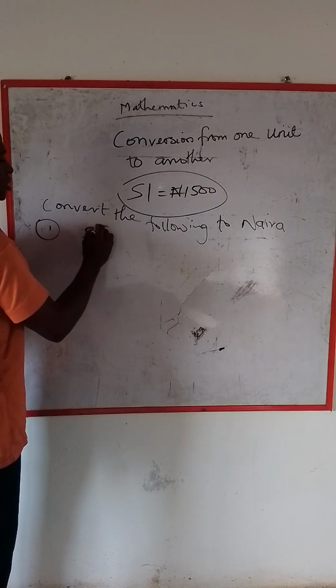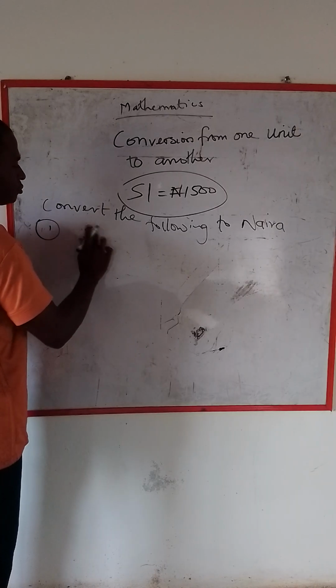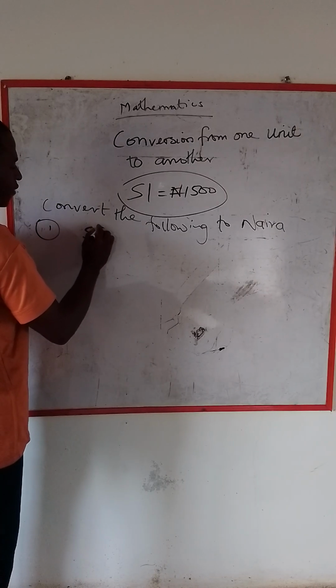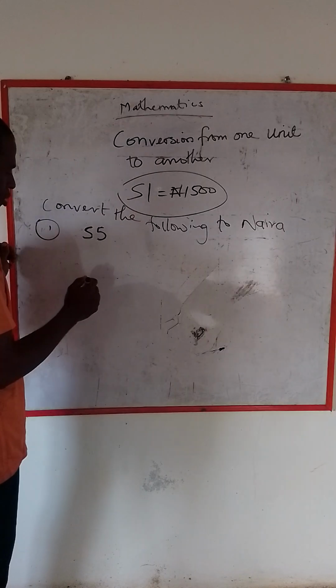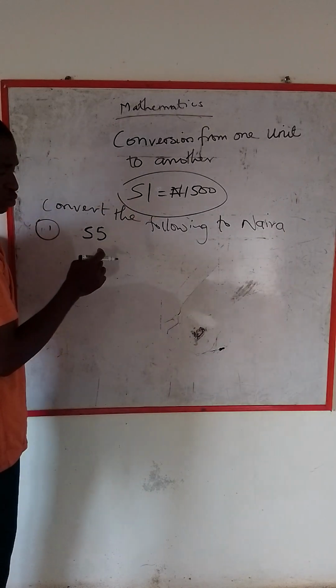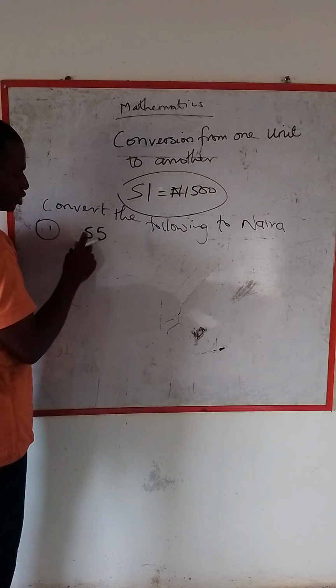Our relationship, what it tells us is $5, for instance. The way you can convert $5 to naira is to bring the relationship.